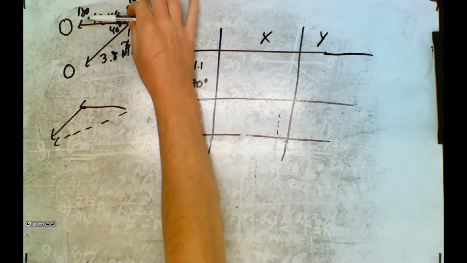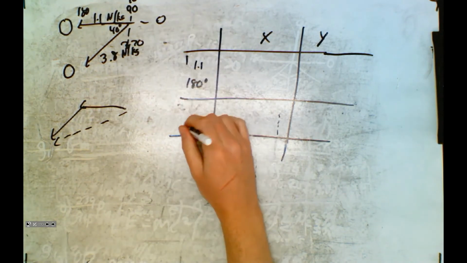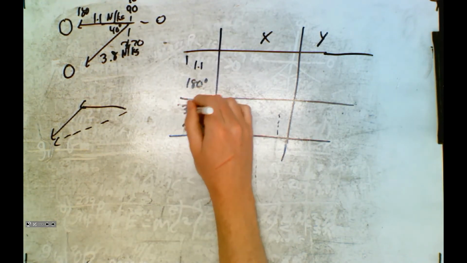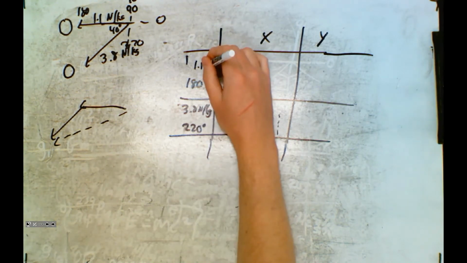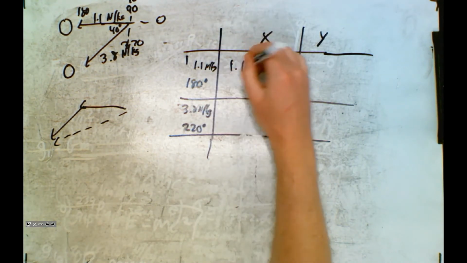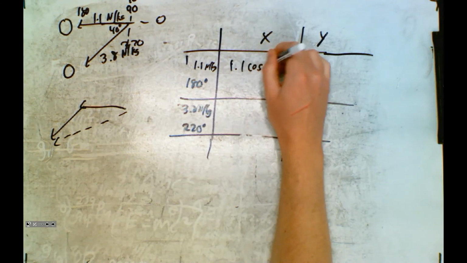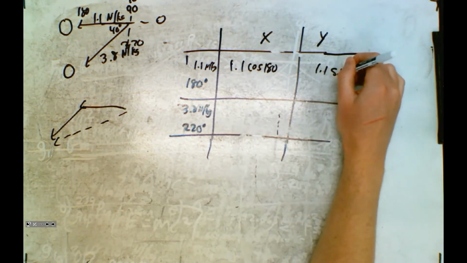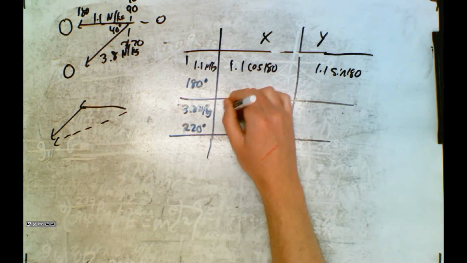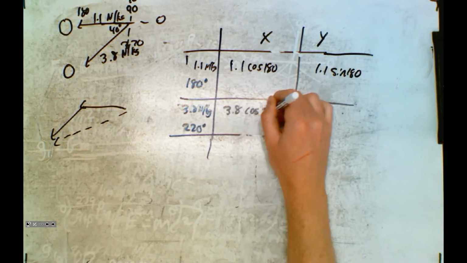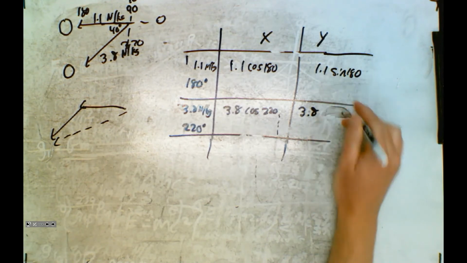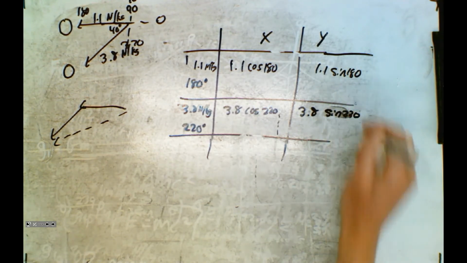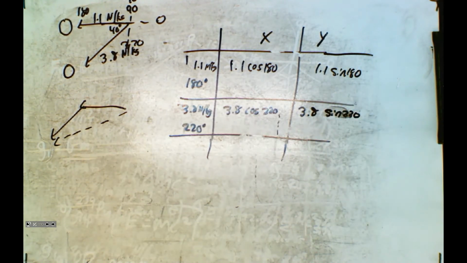And then this one is 180 plus 40, which would be 220 degrees, and it's 3.8 newtons per kilogram. So we just have to go 1.1 cos 180, 1.1 sin 180, 3.8 cos 220, 3.8 sin 220. So we can plug those into our calculator.